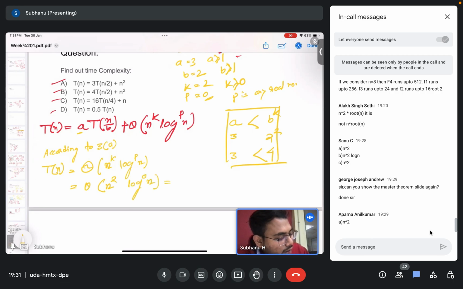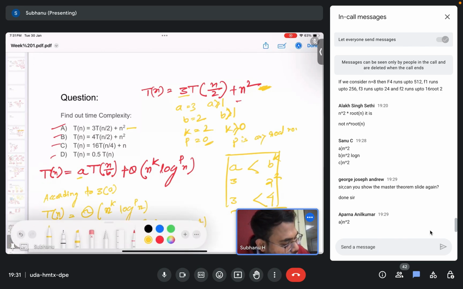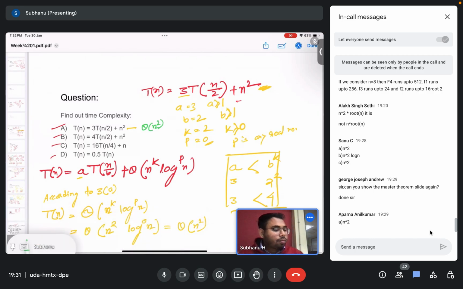So we will be getting theta of n square.